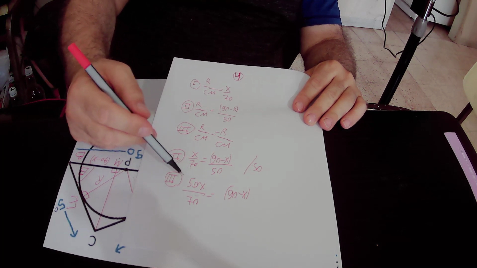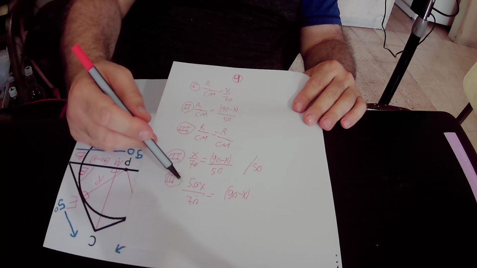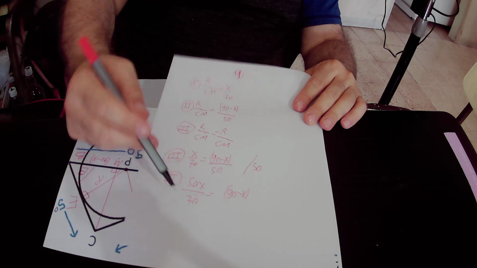Now we'll multiply both sides of the equation by 70.